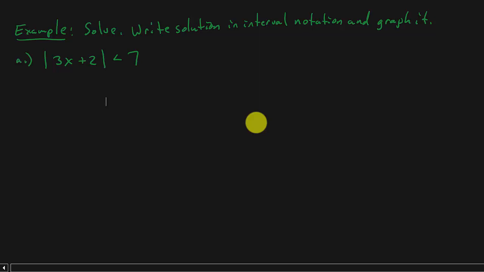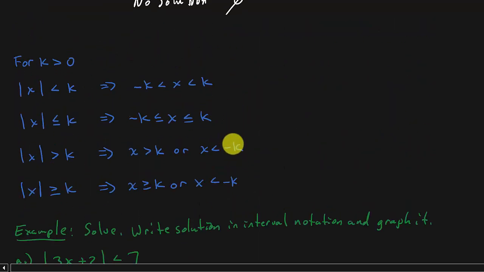Okay, now to solve this, we need to rewrite it just like when you did solving the absolute value equations. So we've got to rewrite these things. Now let me show you the easy way to do it. Basically, what's inside the absolute value is written in the middle, and then the k is written on each end, where this k has a negative in front of it.